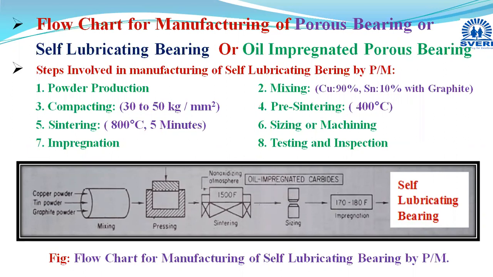The generally used pressure for manufacturing self-lubricating bearings is 30 to 50 kg per mm square. Within this range, you have to use the pressure. If pressure values are lesser than this, the product obtained at the end of that compacting stage will be very fragile.